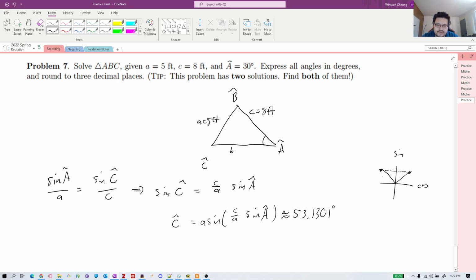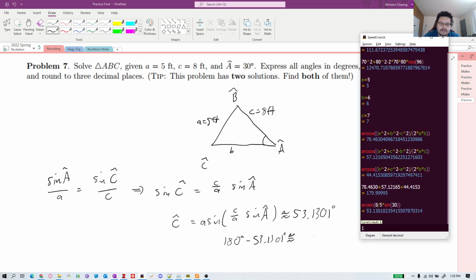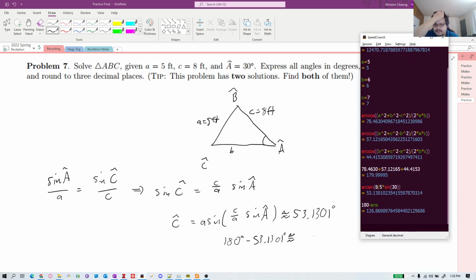So the other solution is in the second quadrant with the same y-coordinate. And to compute that angle, we would do 180 degrees minus, right? Since we're in degrees, we're doing 180 minus. If we were in radians, we'd do pi minus. So theta minus this 53.1301 degrees is going to be, I should probably still say approximately, 180 minus answer, because my calculator has answer, 126.869.